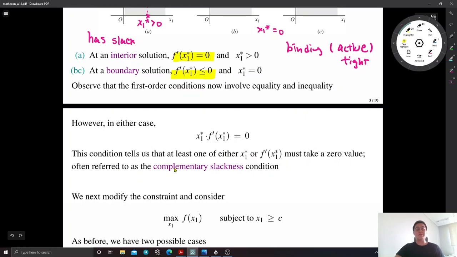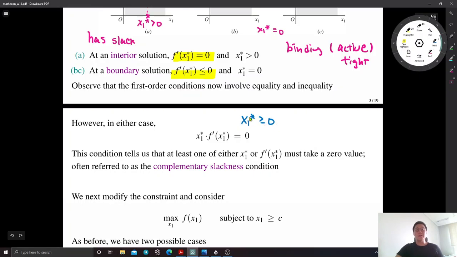And this is often referred to as the complementary slackness condition, in the sense that if x1 star was the solution, then this solution has to obey the given constraint, right? So originally we have this constraint on the solution, right?